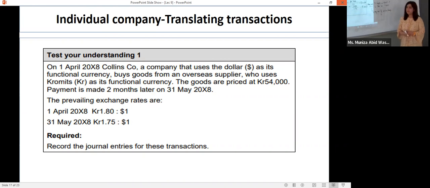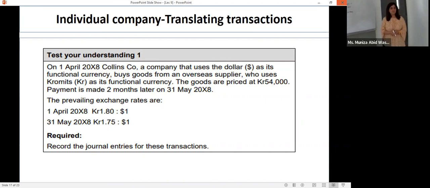Students, what do you think? Sorry? Profit and loss. It has to be posted to the profit and loss. The loss has to be posted.